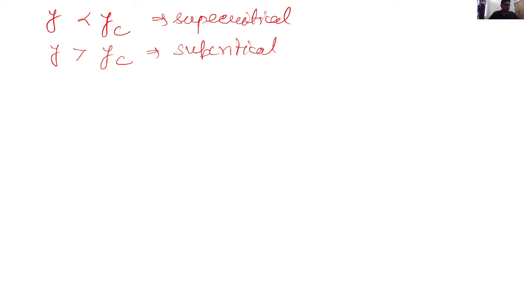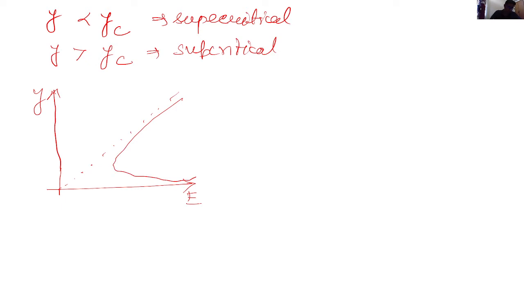So now when we move back to question number one, I had drawn a specific energy curve in that. Let me draw that curve only for a constant discharge Q. So that curve will look like this. Q is constant.